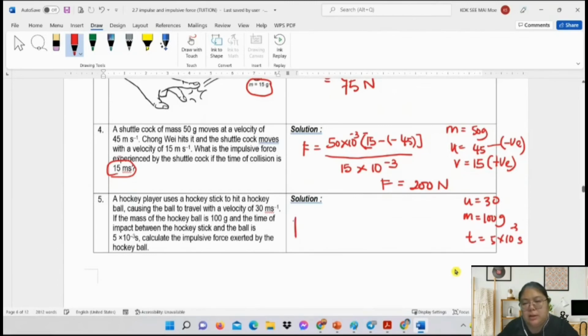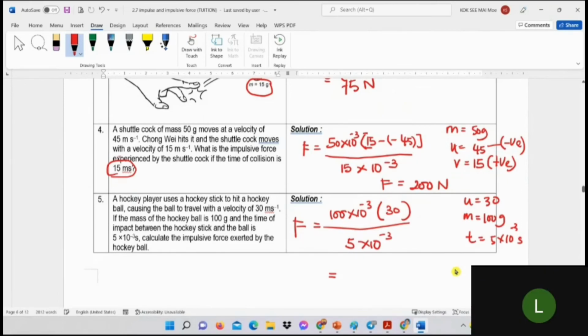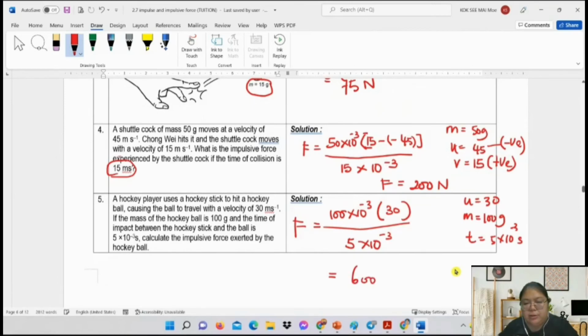It's the same thing, only one velocity. So we take 100 gram, change to kilograms, so 0.1. The V is 30, then divide by the time taken, 10 to the negative 3. Then finish. The force, we're going to ask Yanyi. 600. Yeah, correct, 600. Then don't forget the unit, Newton.